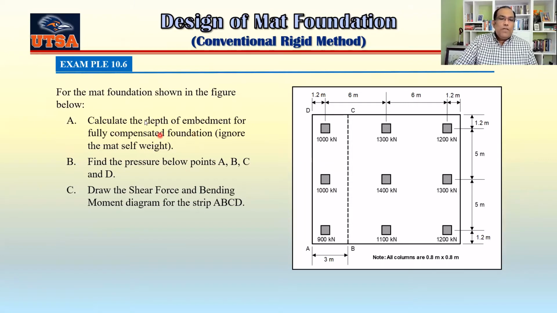First find out the depth of foundation for fully compensated foundation. Then find out the pressure at A, B, C, and D, and then draw the shear force and bending moment diagram for that strip here. So I'll do that one and show that one on the board.